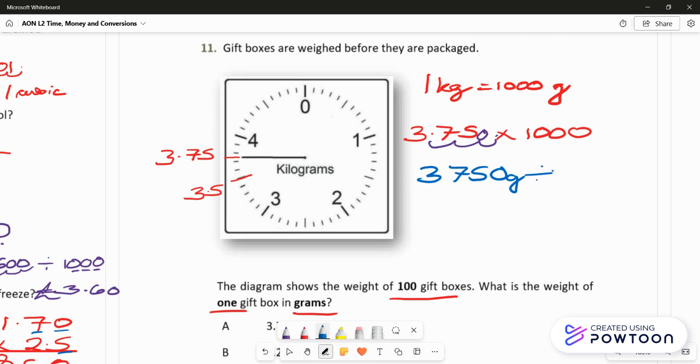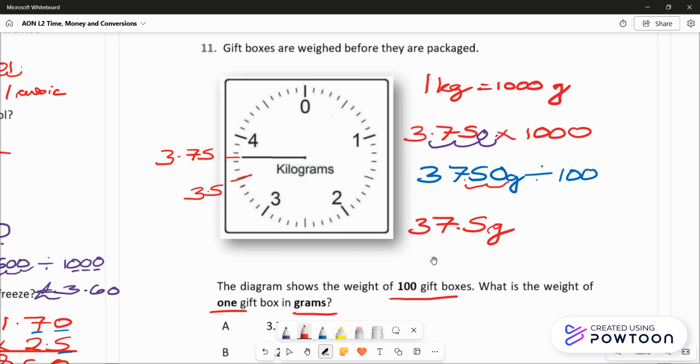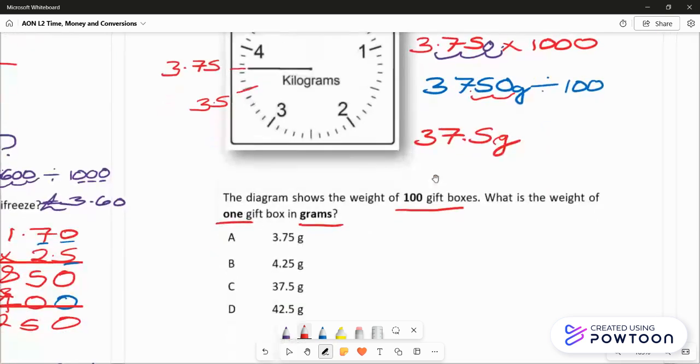Dividing by 100, we would move the decimal to the left 2 places. So we've got 37.5 grams per box, which is C. Okay, thank you.